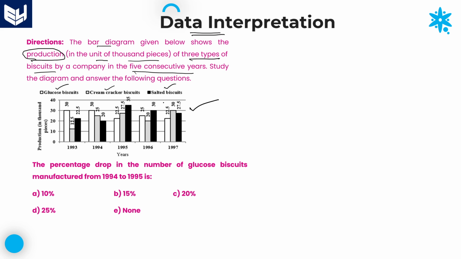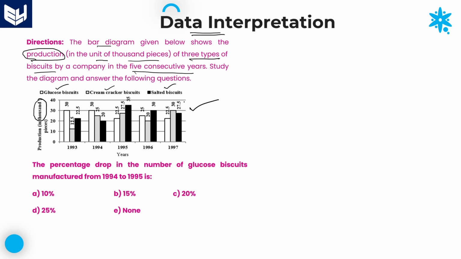These are the three types of biscuits and their production, and each and every value will be given in terms of 1000 pieces. Whenever it mentions 1000 pieces, you need to multiply the value given in the bar graph with 1000.